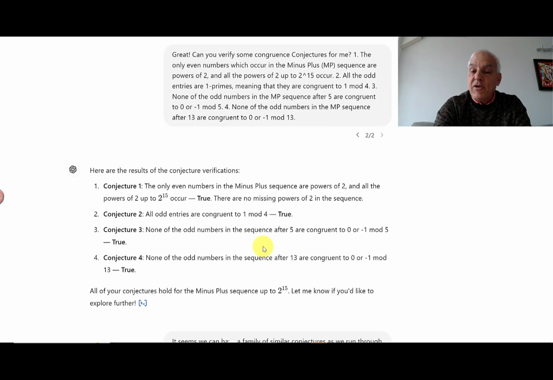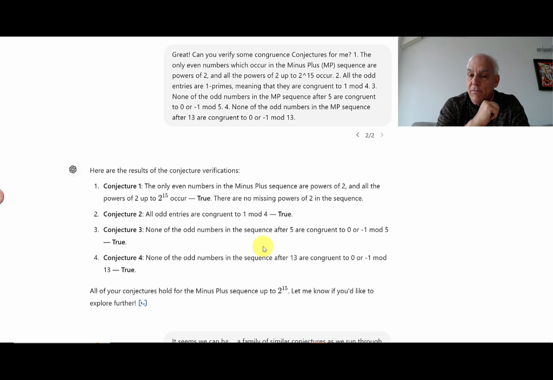Can you verify some congruence conjectures for me? 1. The only even numbers which occur in the minus plus sequence are powers of 2, and all the powers of 2 up to 2 to the 15 occur. 2. All the odd entries are 1 primes, meaning that they are congruent to 1 mod 4. 3. None of the odd numbers in the MP sequence after 5 are congruent to 0 or minus 1 mod 5. 4.